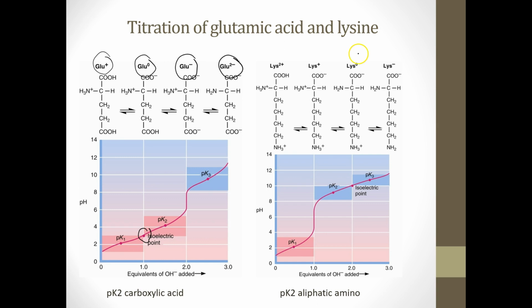Likewise, we see that here. For lysine with a 0 charge, if you want to find that isoelectric point, it's going to be between pK2 and pK3 because that's where we have a +1 and -1 charge. So if you're asked a question to calculate the isoelectric point and you're given the pKa for all of the different functional groups of an acidic or basic amino acid, you have to know which one to ignore.